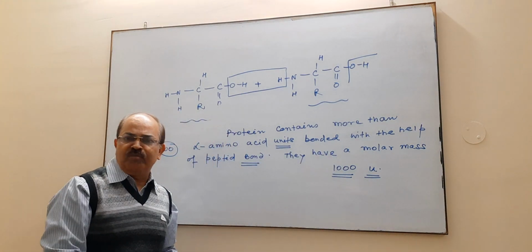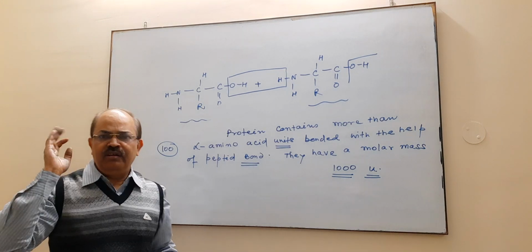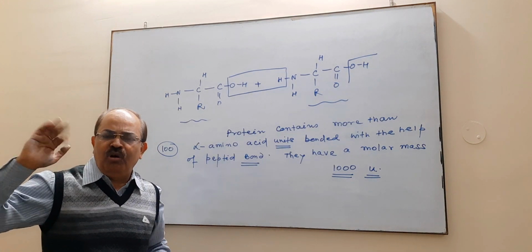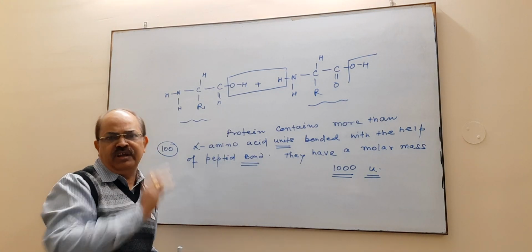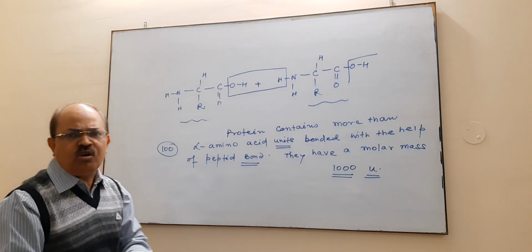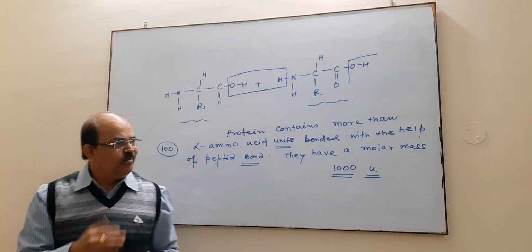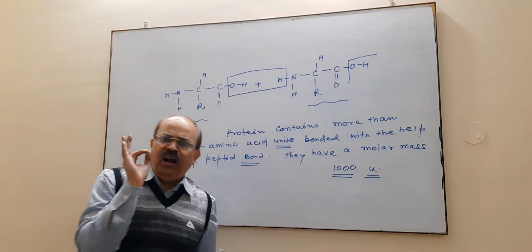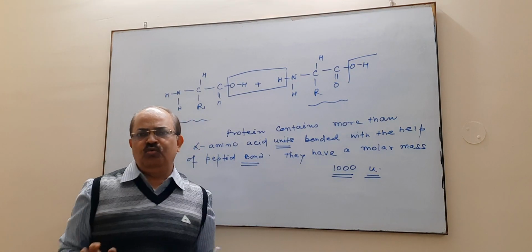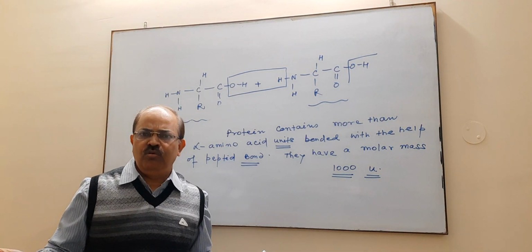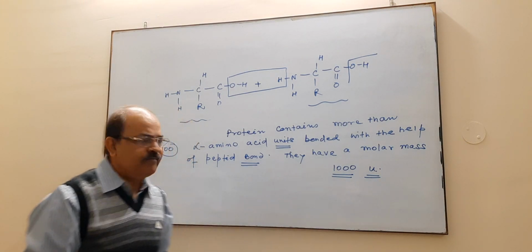So it has a molar mass of more than 1000 AMU or more than 10,000 AMU. We said that at least 100 alpha amino acids will be there, 100, 200, 300, like that.